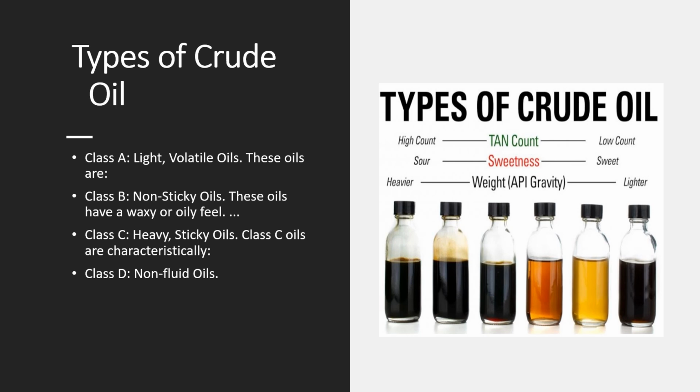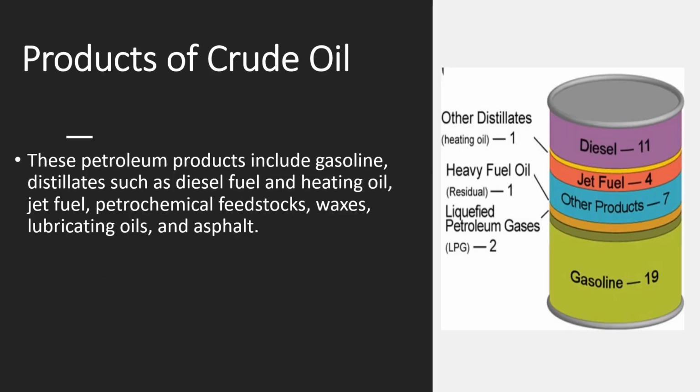These oils have a waxy or oily feel. Class C, heavy, sticky oils. Class D, non-fluid oils. Products of crude oil include gasoline, distillates such as diesel fuel and heating oil, jet fuel, petrochemical feedstocks, waxes, lubricating oils, and asphalt.